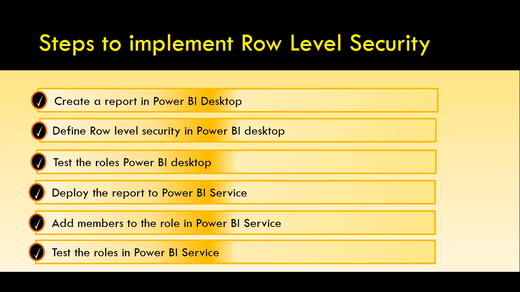Once you define the many-to-many relationship between the roles table and the sales table and include the bridge table, you can resolve the many-to-many relationship issues, since you have used the region column to filter. So whichever user logs in with their credentials in the Power BI cloud service, USERPRINCIPALNAME will capture their email ID, and behind the scenes it does the filtering and shows only the data they are intended to see.